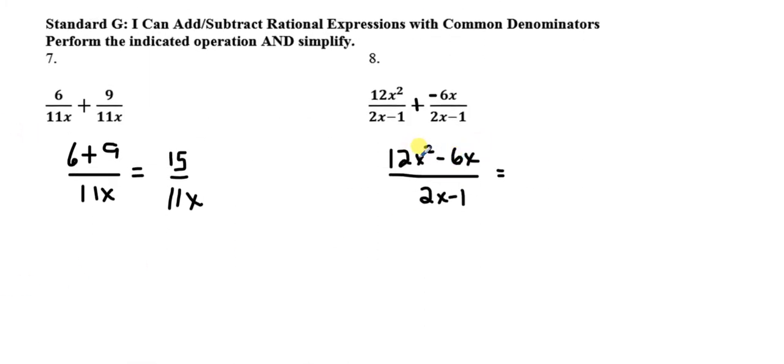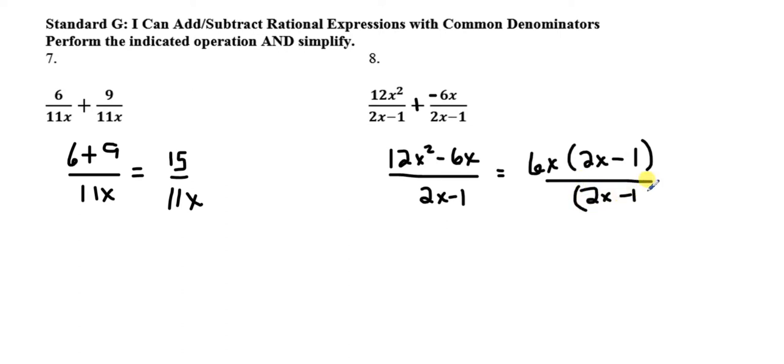Actually, we can pull a 6 and an x out of that top term. So this becomes 6x, and what's left over is 2x. The 6x times 2x is 12x to the second, minus, pull a 6x out of 6x, and we'll get 1. 6x times a 1 is 6x, so we'll get 2x minus 1, all over 2x minus 1.